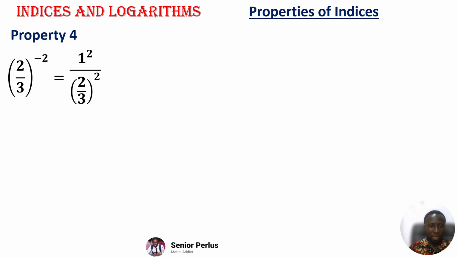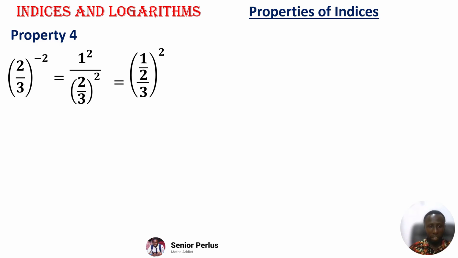Then this one is the same as 1. So I can rewrite it as this. And we know for this property, just factor the square out, then you get this.